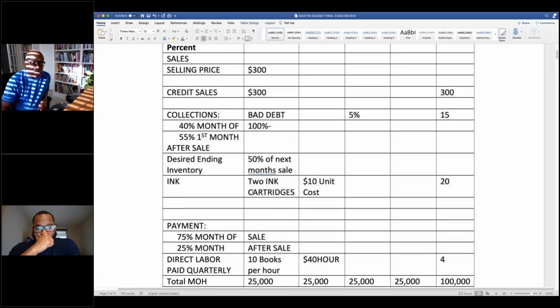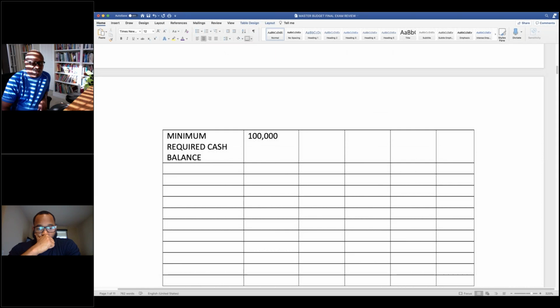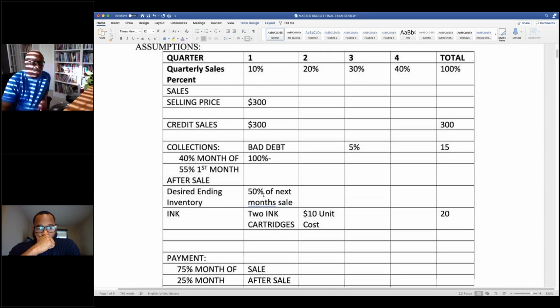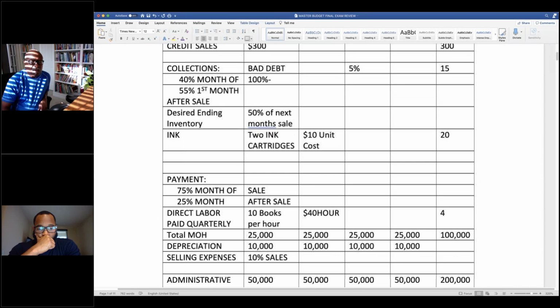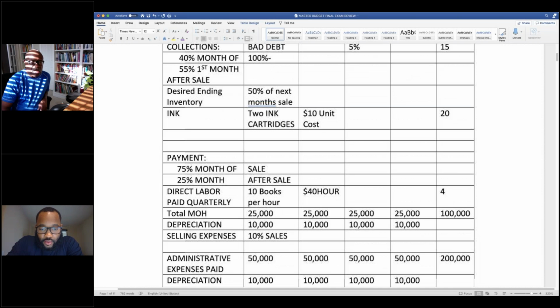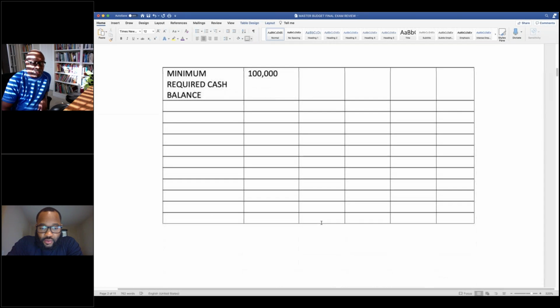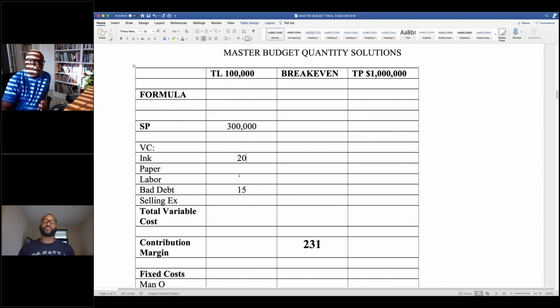Your labor was what? $10 per hour times $4 an hour. $40 an hour. So how much is gonna come on the sheet here, if it's 10 books for $40 an hour?